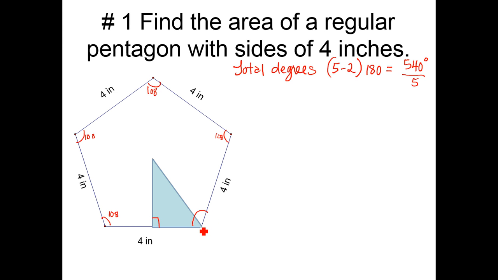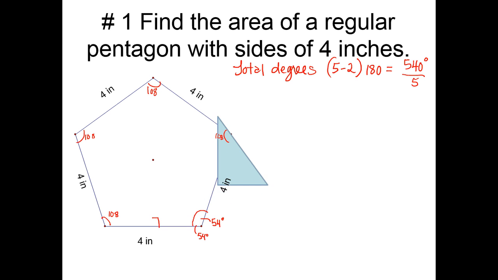But I didn't want to write 108 there because now I've cut that angle in half. So actually I have 54 here and 54 here. That's why I didn't write the 108 there. There's still 108 there, but now because I'm talking about one part of that triangle, I need just the one side of the angle, which is half of 108.